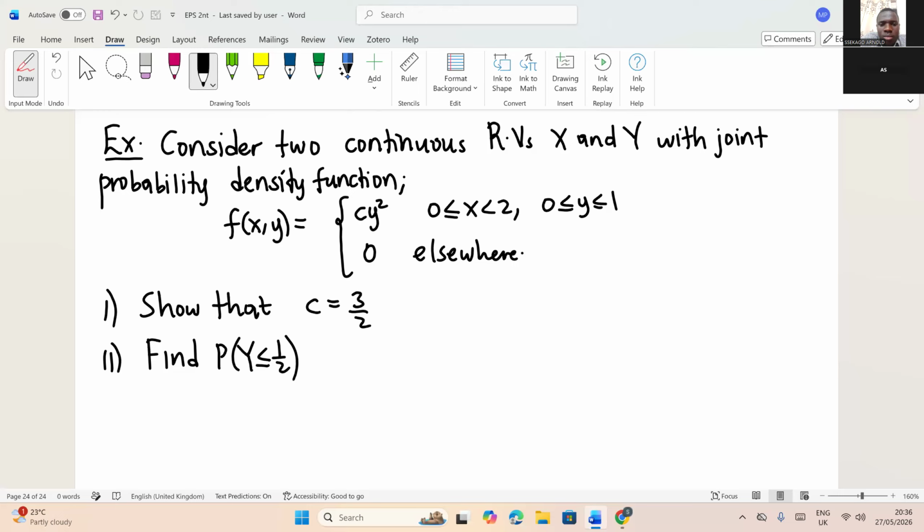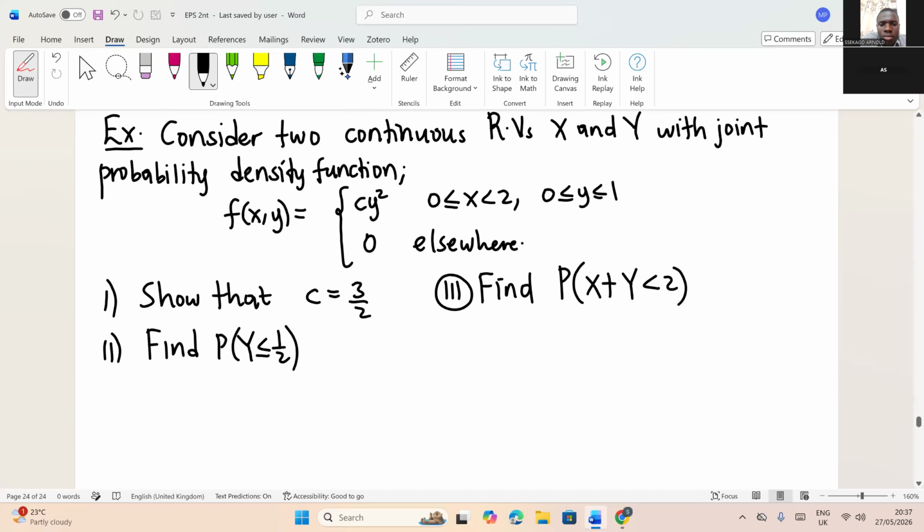Then Roman 3, find the probability of capital X plus capital Y less than 2. So that's what we have to dissect in this case. So Roman 1, we want the value of the constant c.